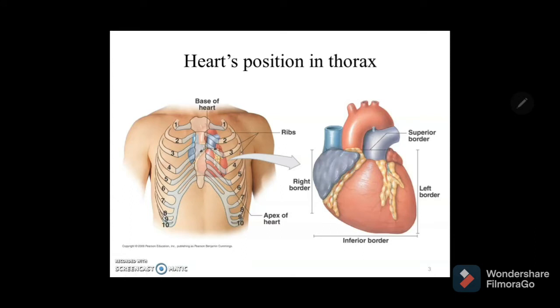When you see it in the thoracic cage, it is located here. It extends from the right third costal cartilage to the right sixth costal cartilage. This is the extent of the right atrium.